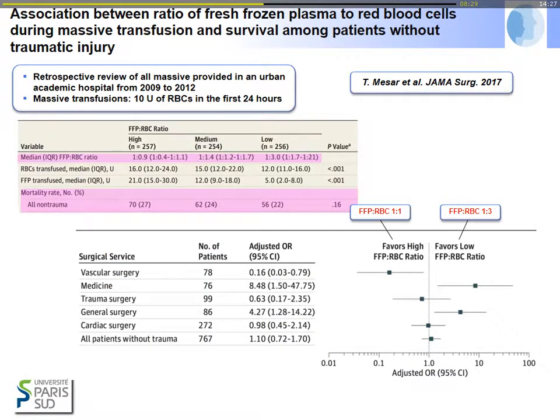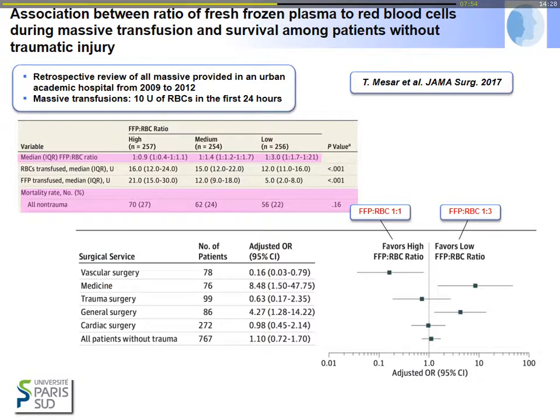For example, in hemorrhagic shock after surgery, a recent retrospective study considered massive transfusion and looked at the different ratios: a high ratio, 1:1, a medium ratio, 1:1.4, or a low ratio, 1:3. And you can see that globally they observe no difference in mortality.